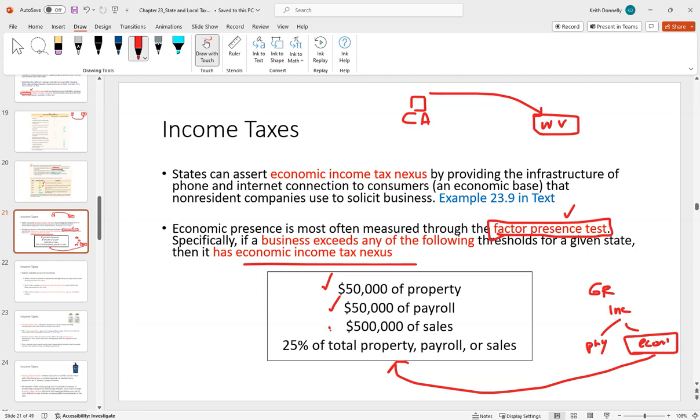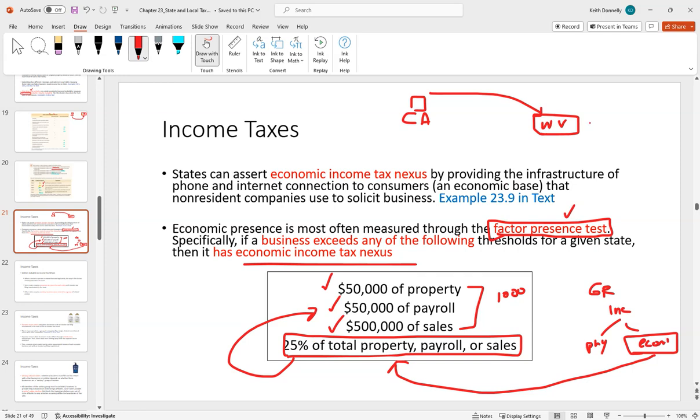More than $500,000 of sales in West Virginia. Or 25% of total. So if you added all of these up and it was, say, $1 million, whatever the case is, if 25% of that total is in West Virginia, there's economic income tax nexus in West Virginia.